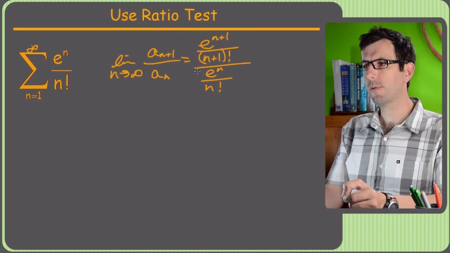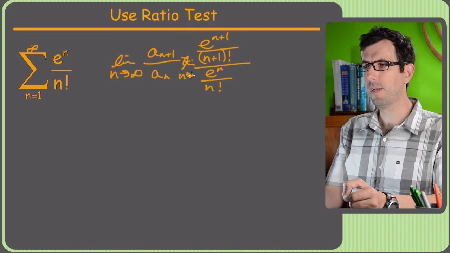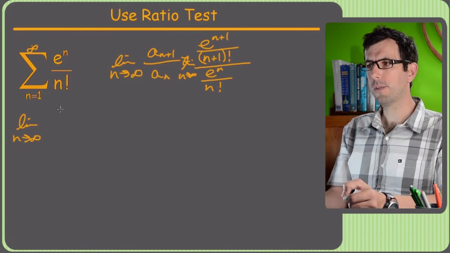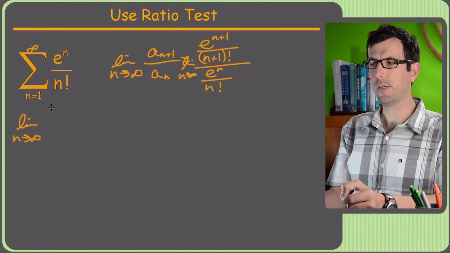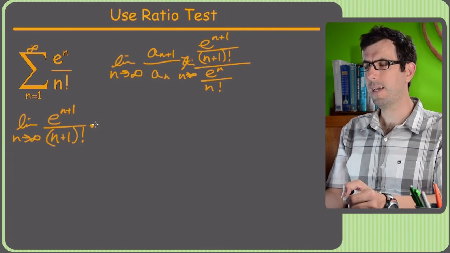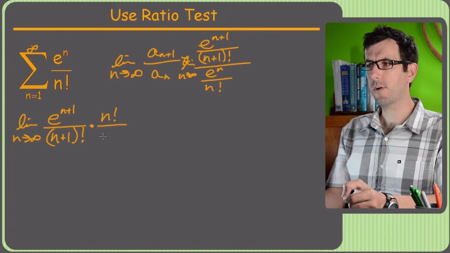And of course there's a limit as n approaches infinity on that, so I'll write it down here to keep everything a little neater. I keep the numerator the same, then I invert and multiply to divide fractions. So I've got e to the n plus 1 over n plus 1 factorial, times n factorial over e to the n.